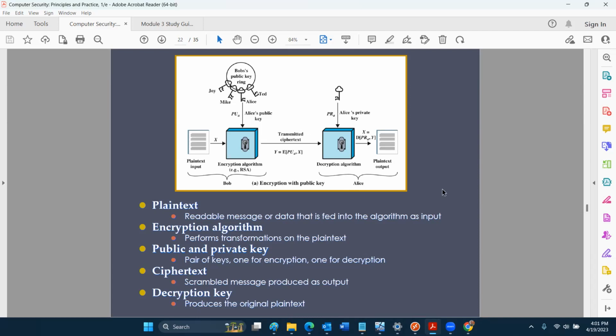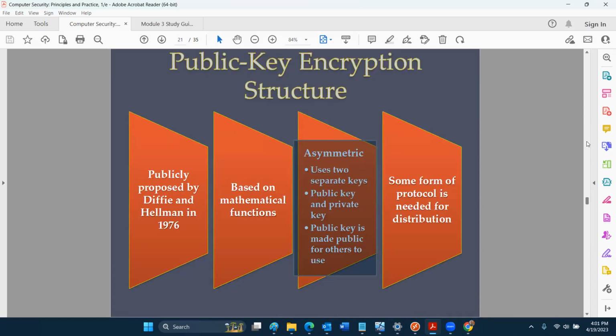Now, we said earlier, and we're going to be done in 60 seconds, okay? This last piece is the most important part. Some form of protocol is needed for distribution, okay? What we have, when you have the public-private key pair, is a whole system of distribution management called public key infrastructure, right?